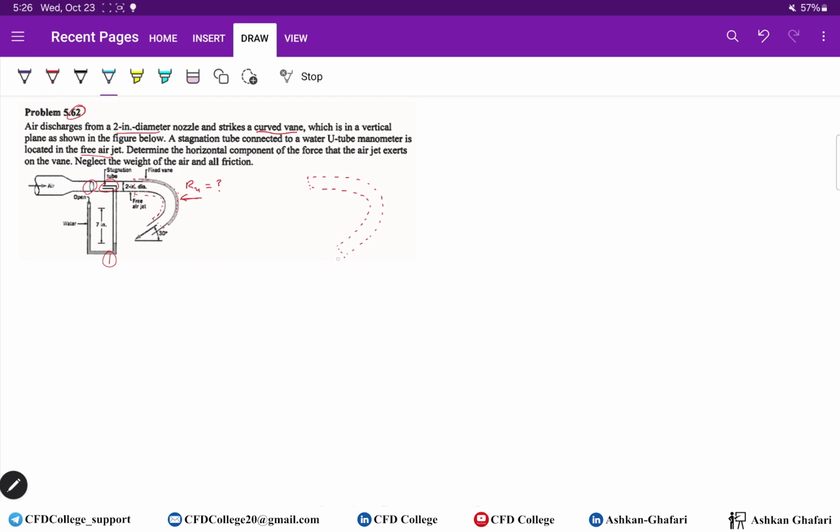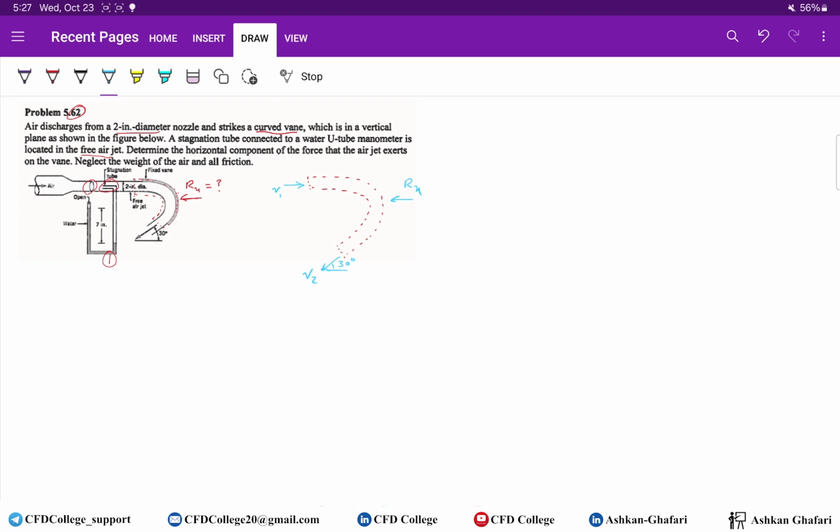We have outflow V2. The angle is 30 degrees. Here we have inflow V1. And we have Rx. What else? That's it. There is no other force.